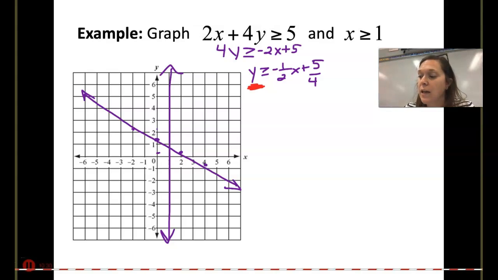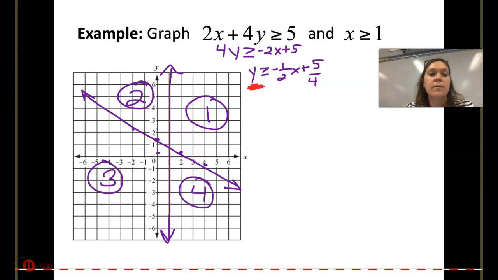So does everybody see how you have area 1, area 2, area 3, area 4, created from the intersection of those 2 linear inequalities? So now I'm going to think about what areas would be shaded. For our first inequality, which areas would be shaded? Well, area 1 and area 2 would both be shaded if I were shading above.